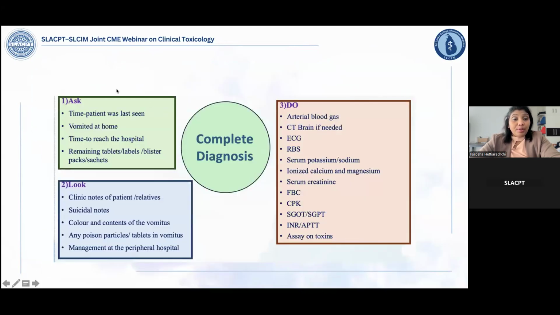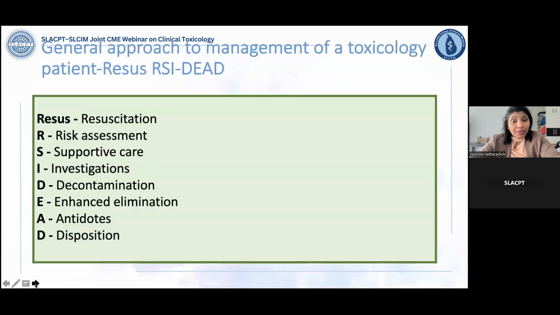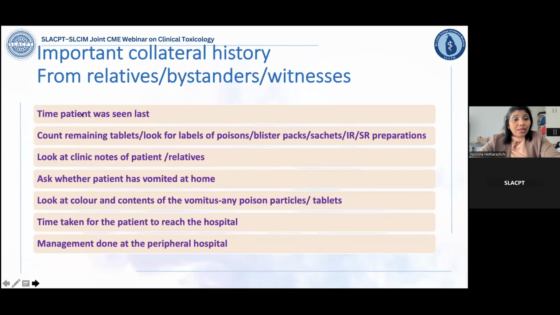So as I said before, in any patient who is coming with a critically ill condition, you need to take a short history. It has to be very short, but you need to be focused as well to come to a complete diagnosis. In this case, you need to ask the patient or the patient's relatives the time the patient was seen last.